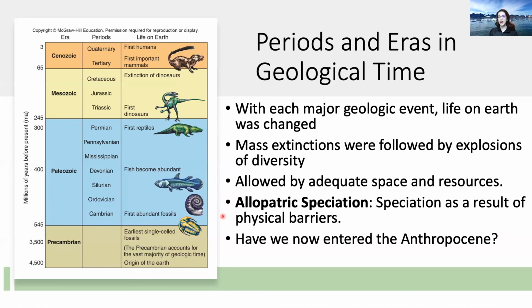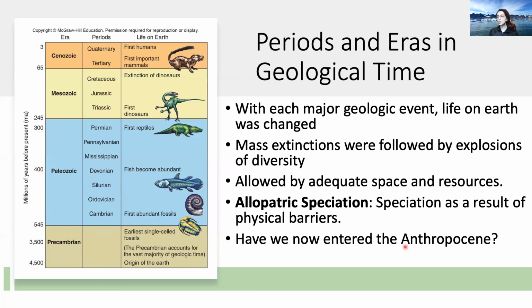We do now have some geologists who consider us to be in a new period called the Anthropocene, one that is dominated by humans and human activities that disrupt our natural environment and ecosystem. However, the Anthropocene, although you've probably heard this term before, and it is included in many pop sci books, for example, is not officially recognized by stratigraphers, who are the scientists responsible for making up these different divisions in geological time.